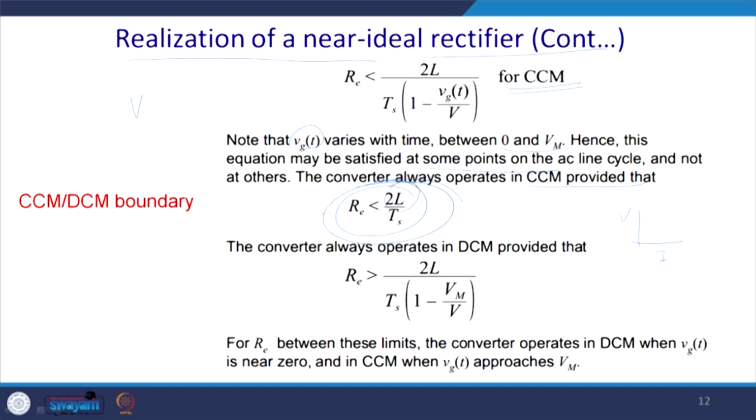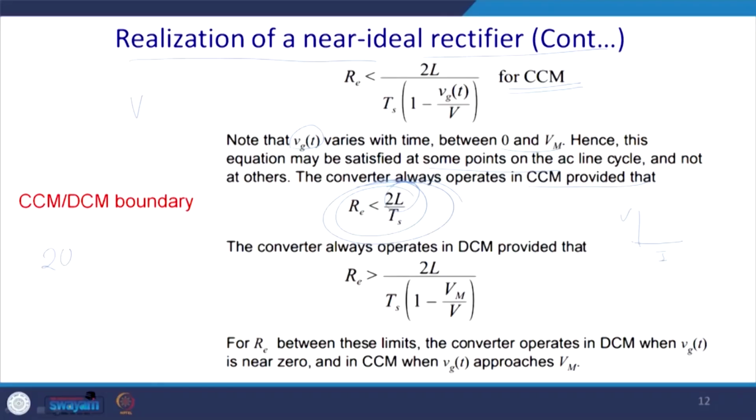So, the value of the inductor has a strong relation with the switching frequency. Ultimately, if you want 20 ohm, and let us consider 2 millihenry, you can calculate the minimum switching frequency required to operate, and which device will be suitable, MOSFET or IGBT.